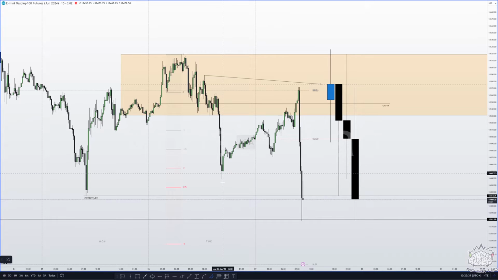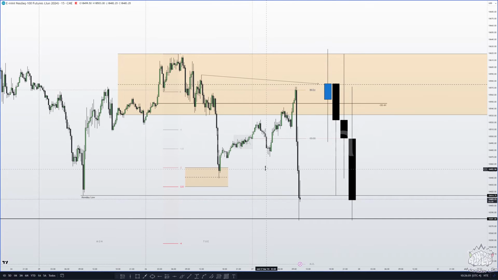Yesterday, in the 4 p.m., exactly in 4 p.m., price reached at 2.5 deviations here. So 2.5 deviations is for one a smart money reversal or one retracement or redistribution or accumulation.